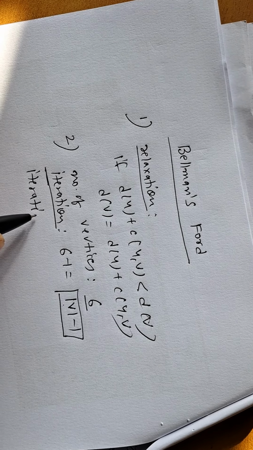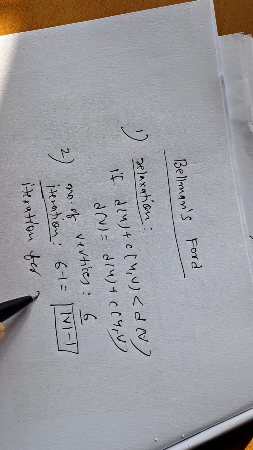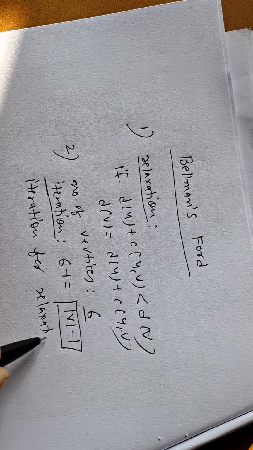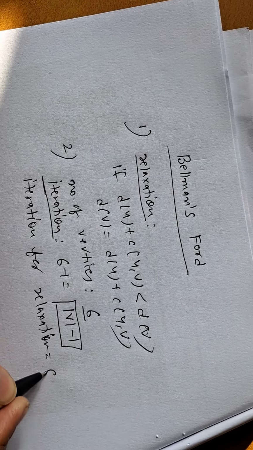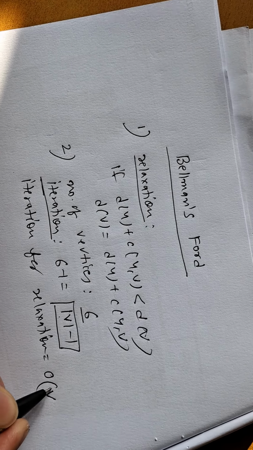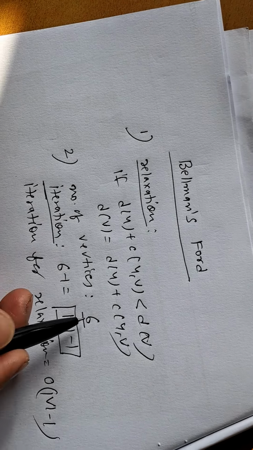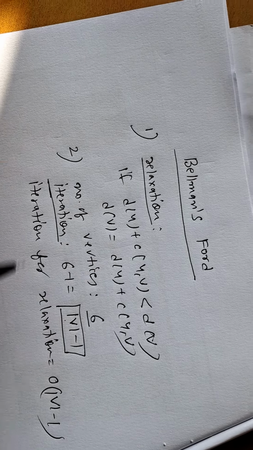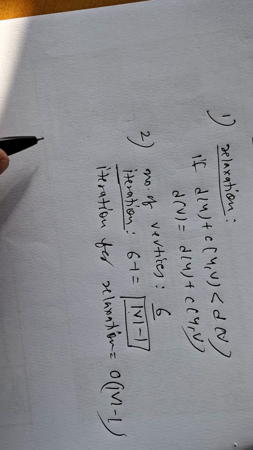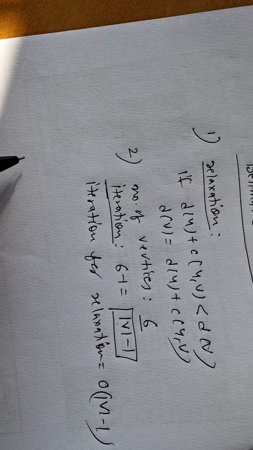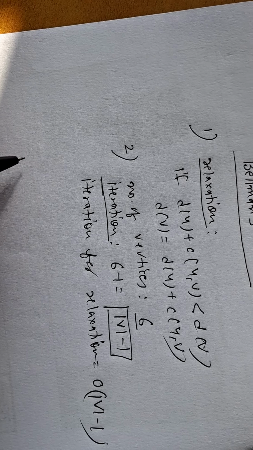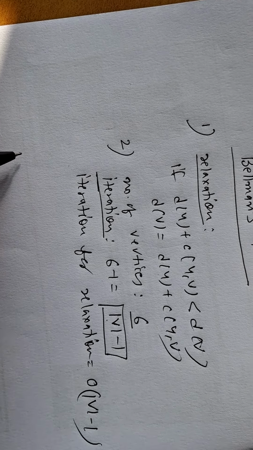So iteration for relaxation rules will run for order of V minus 1. So if there are 6 vertices, I will iterate the relaxation rule how many times? 5 times.